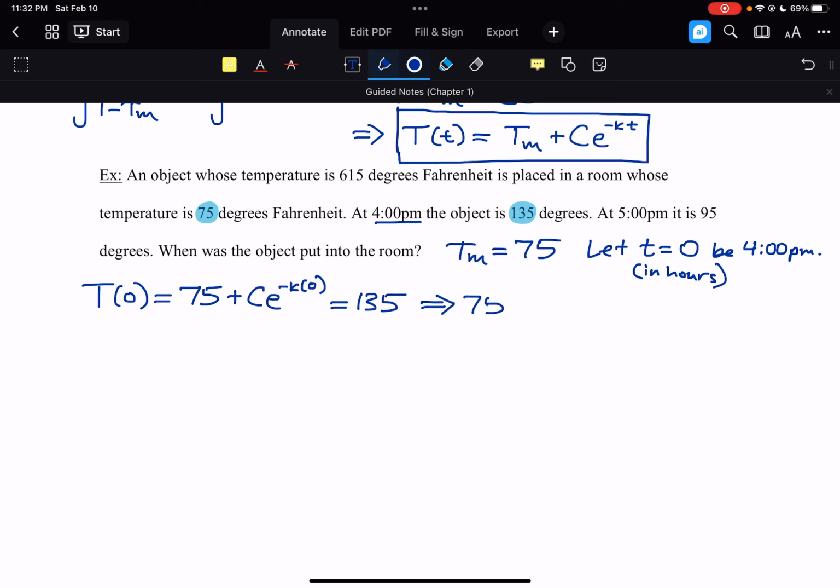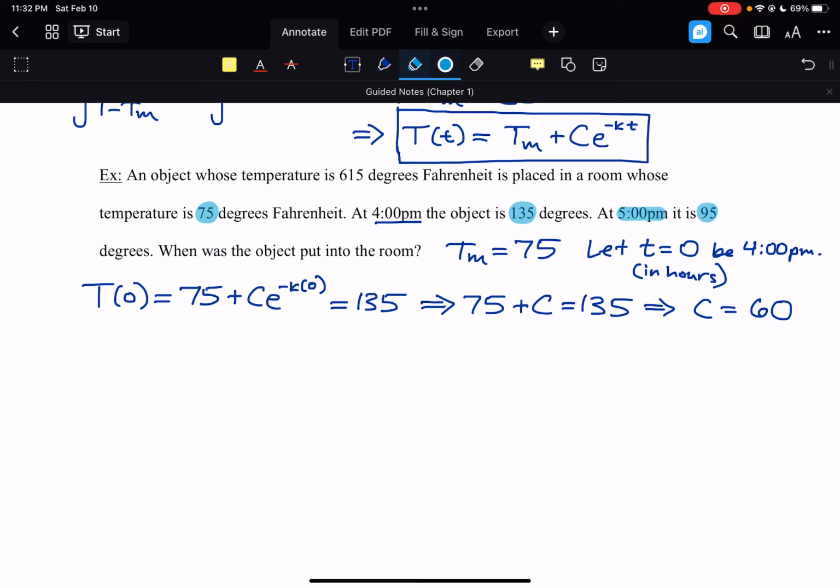So we get 75 plus c times e to the 0, so just plus c, equals 135. So c is 60. And then we still need k, but we also have one more piece of information.